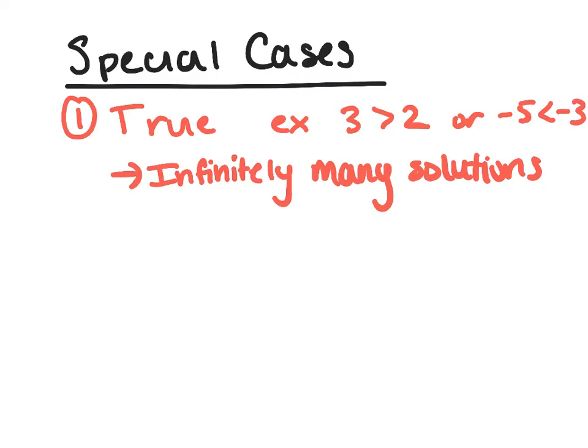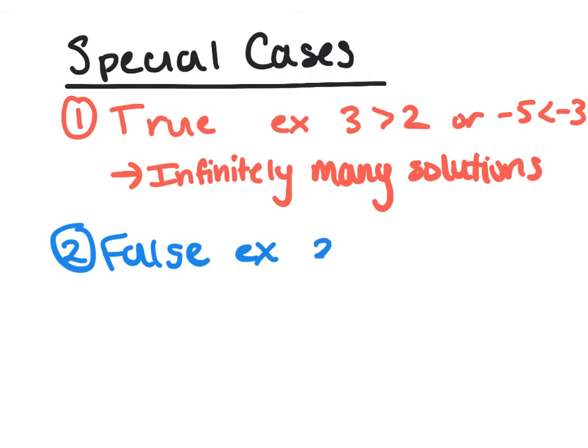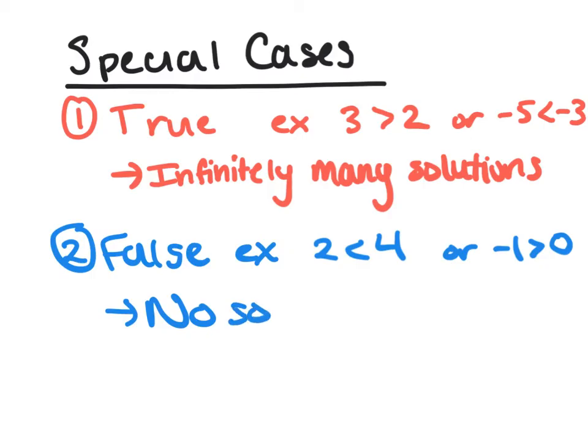And similarly, if we ended up with a false statement, something like 2 is less than 4, or negative 1 is greater than 0, this would be what we would call no solution.